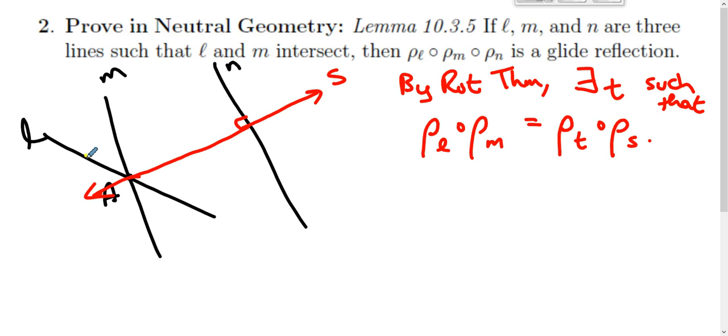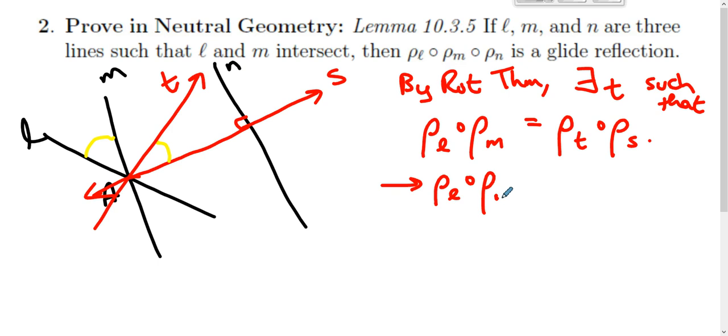So again, whatever angle this is, we construct it over here, and then this becomes line T. M then L is S then T for this very reason. So therefore, reflecting in L composed with reflecting in M composed with reflecting in N is reflecting in T composed with reflecting in S composed with reflecting in N.